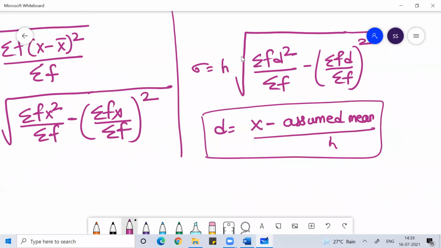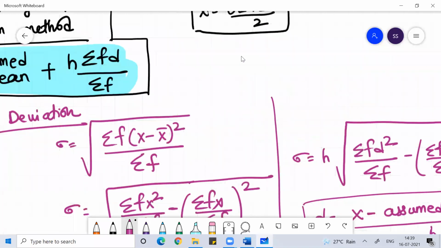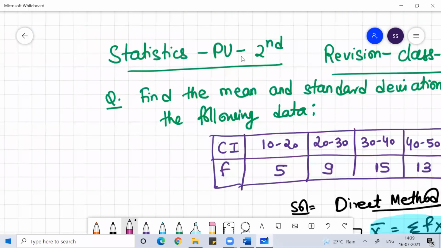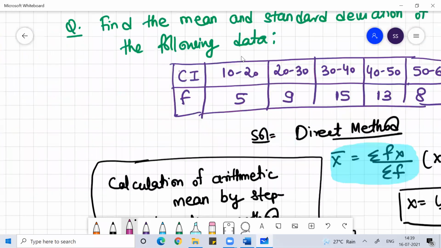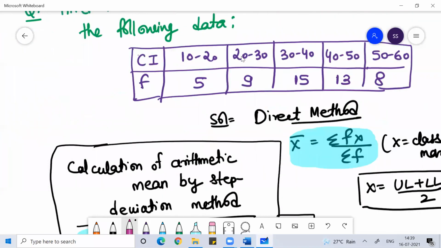Once you are well versed with the formulas, it's time to solve the question. Can we start then, guys? So we'll solve this question.